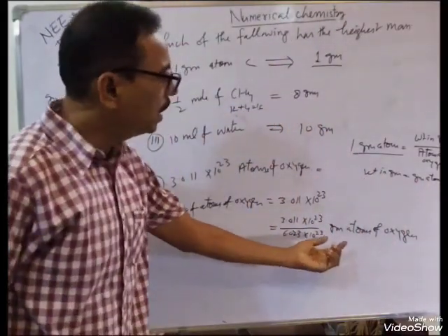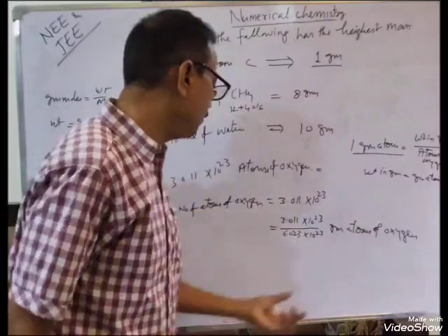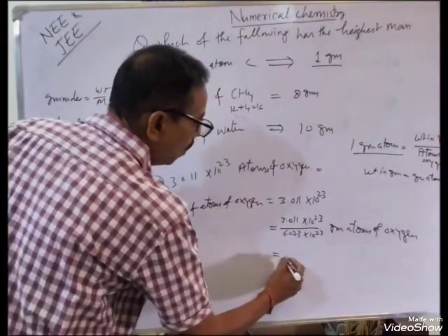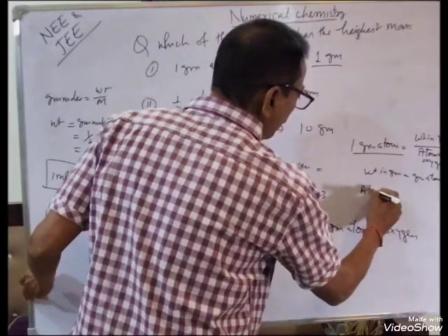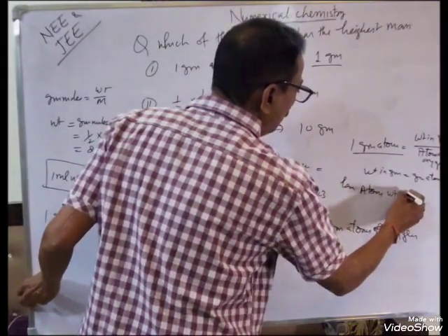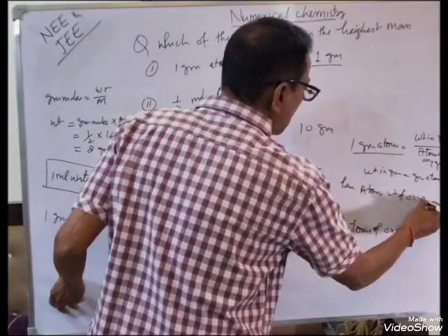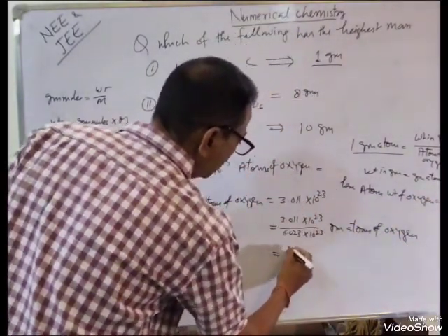So the gram atom multiplied by atomic weight, you will get weight in gram. The atomic weight of oxygen is 16, so multiplied by 16.